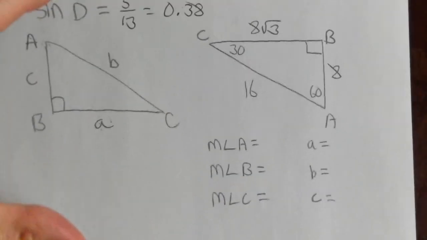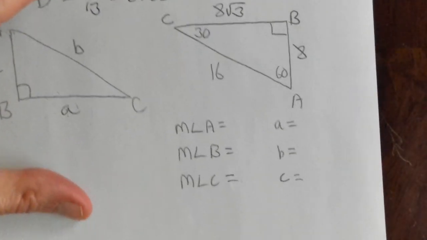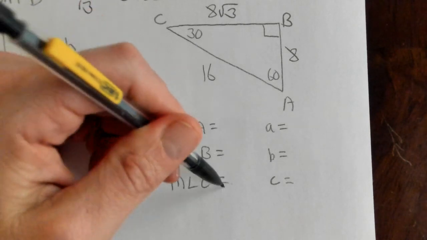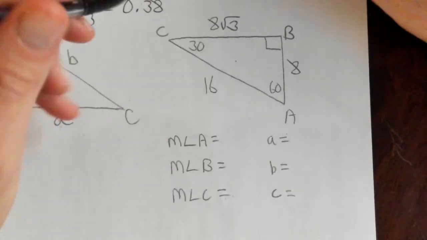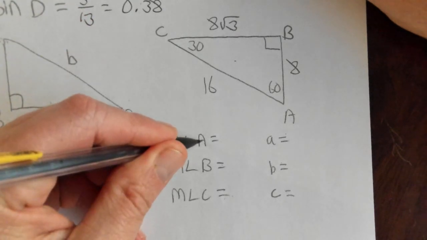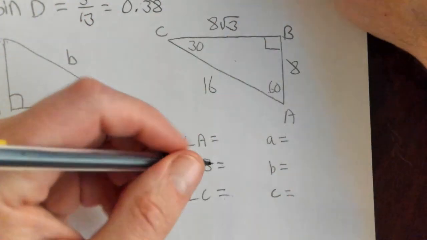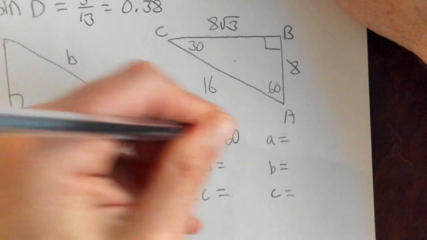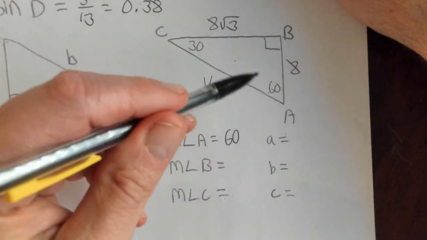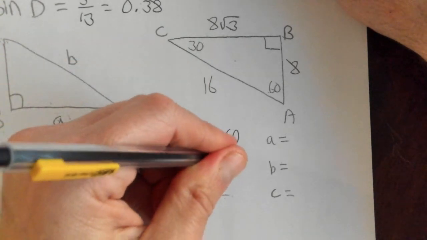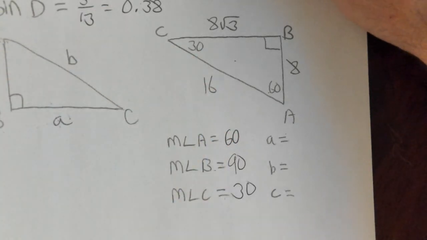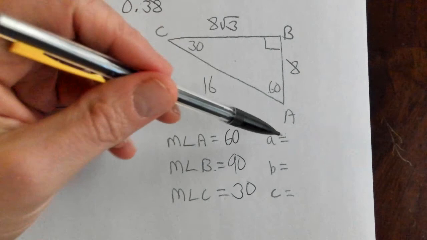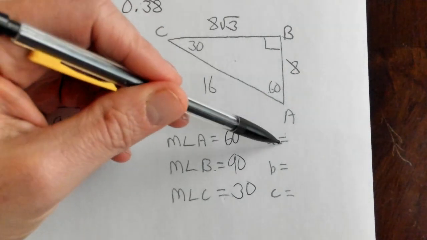Okay? So having said that, now we should be able to fill out all three sides and all three angles for this triangle correctly. All right, so angle A is given to us. What is it? It's 60 degrees. All right. Angle B is 90 degrees, and angle C is 30 degrees. That's pretty easy to read off because it's written for us. Okay. However, what's side A going to be?